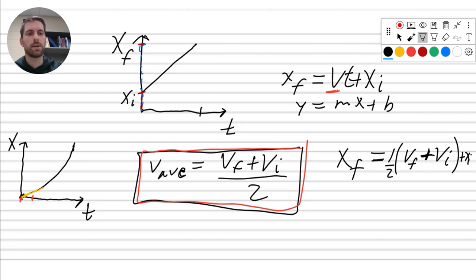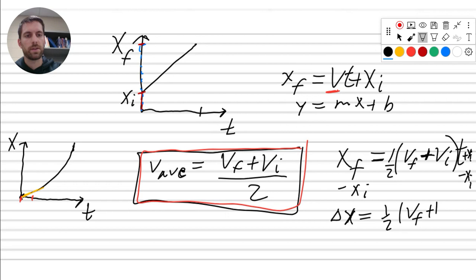So if I subtract x initial from both sides, I will get some change in x equaling, oh, and I'm missing a t there, aren't I? There we go. One half, v final plus v initial, times time. And this is one of our equations we can use.